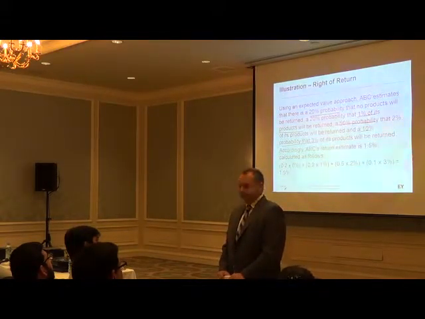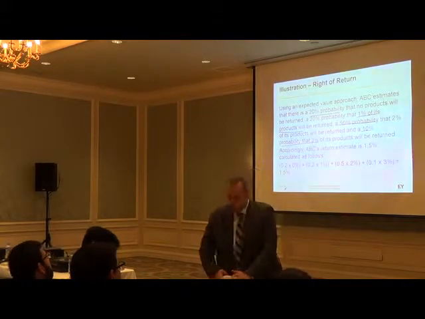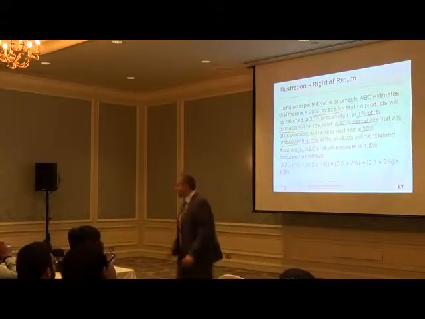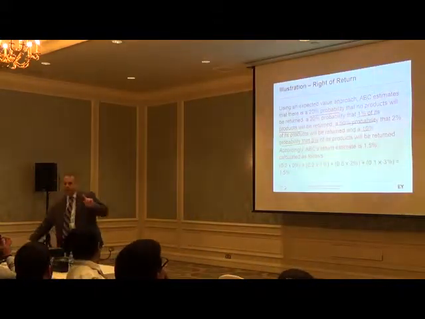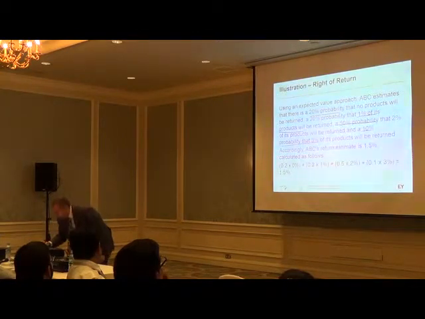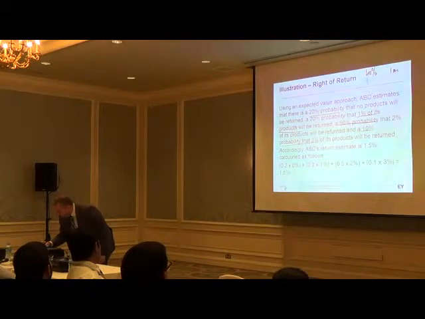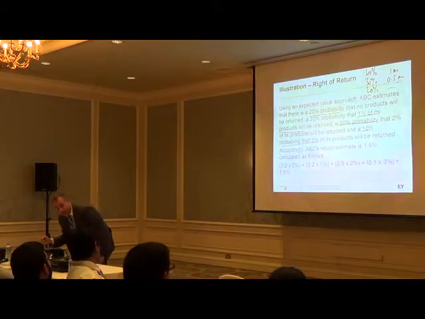I have a law case, and there is a 40% probability. That's one single case. A 40% probability that I need to pay 1 million, a 30% probability that I need to pay $500,000, a 20% probability that I don't have to pay anything, and a 10% probability that I have to pay 5 million.